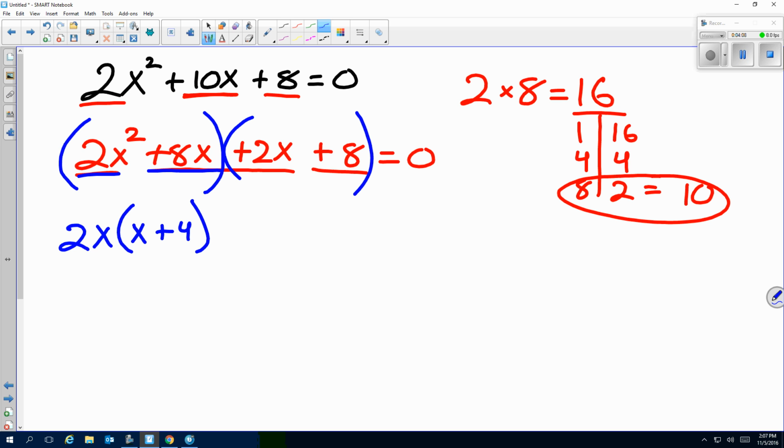When I look over here, what's the greatest common factor between 2x and 8? A positive 2 is the greatest common factor, leaving me, when I divide 2 out, x plus 4. This is like a happy dance moment, because what happens? I get x plus 4 and x plus 4.